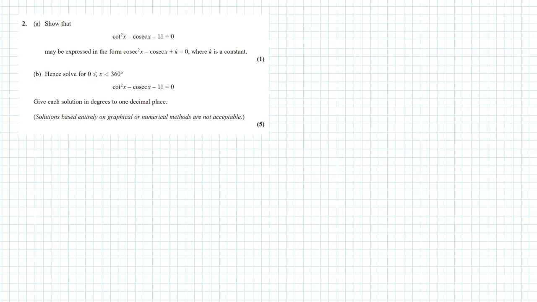Question number 2, part A. cot squared x minus cosec x minus 11 is equal to 0. We have to change it into cosec squared x minus cosec x.